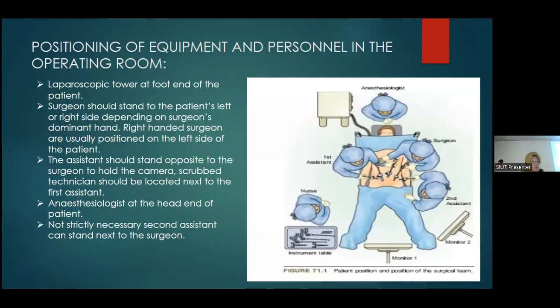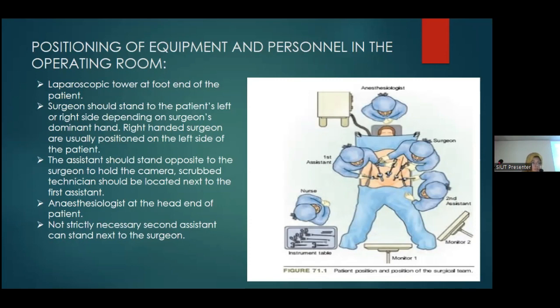Now the positioning of equipment for laparoscopic prostatectomy: the laparoscopic tower is located at the foot end of the patient. Depending on the hand dominance, the surgeon should stand accordingly.